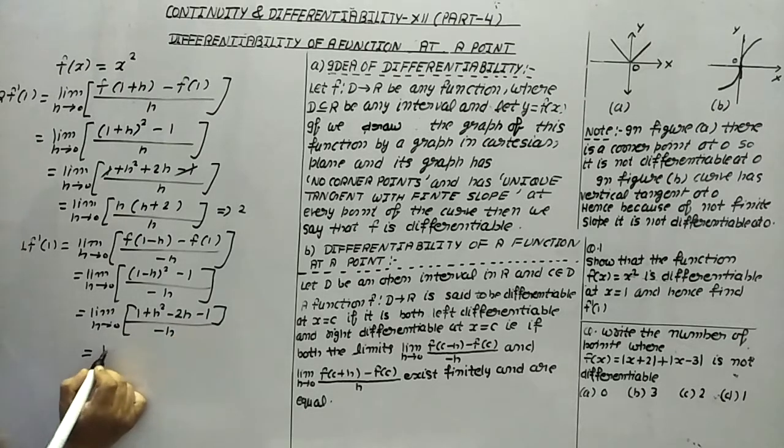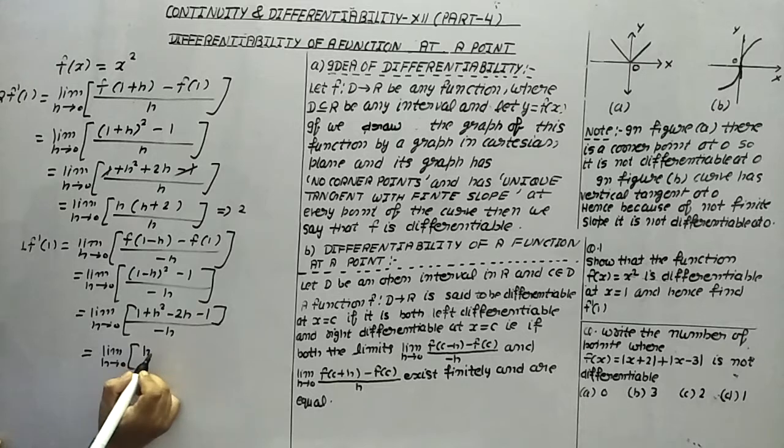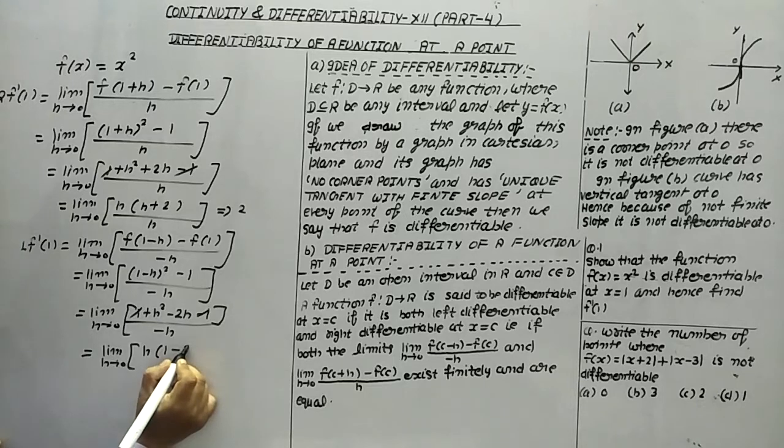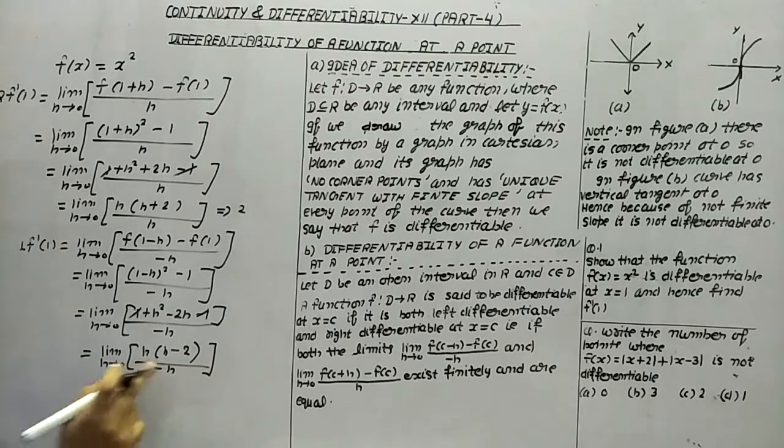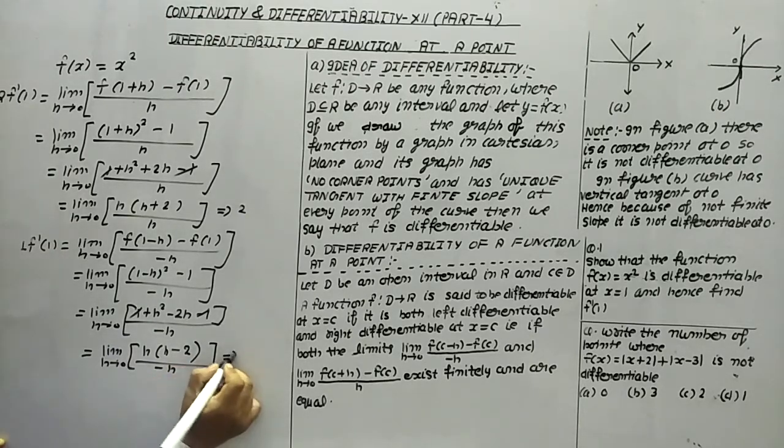What is common? h. 1 cancels out. This becomes h minus 2 upon minus, so limit h tends to 0 of minus h upon minus h... Now substitute the values. What will come? 2 only.